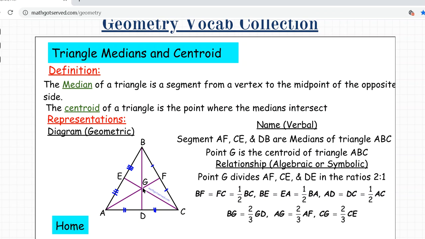So the longer part of the median that goes through the centroid is 2/3 of the entire median length, and the shorter part is a third of the entire median length. That's basically what the centroid does when divvying up the medians. We're going to focus on that in the next installment of this tutorial.